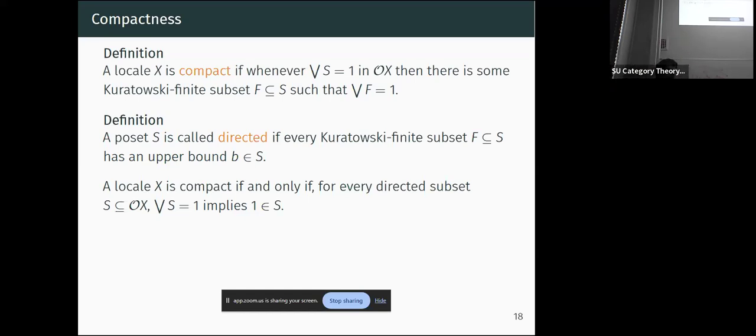And we know that's a cover. On the other hand, if you know this is true for all directed subsets, you consider the set of all Kuratowski finite subsets, and you show that that's directed, and then all Kuratowski finite subsets have a particular cover, and that'll be able to work. I hope that's somewhat clear.